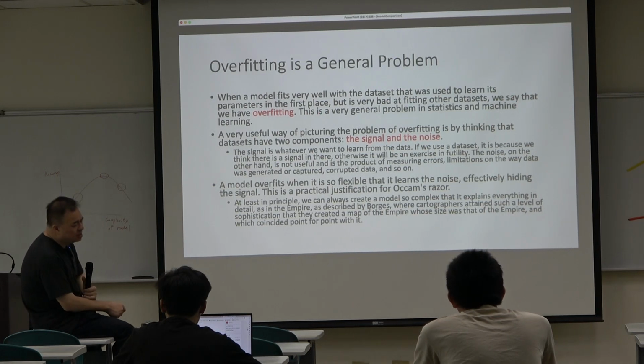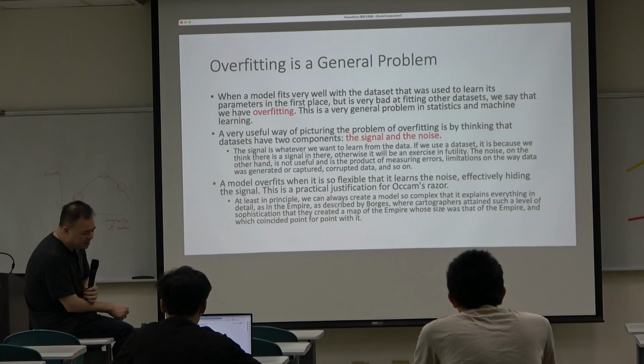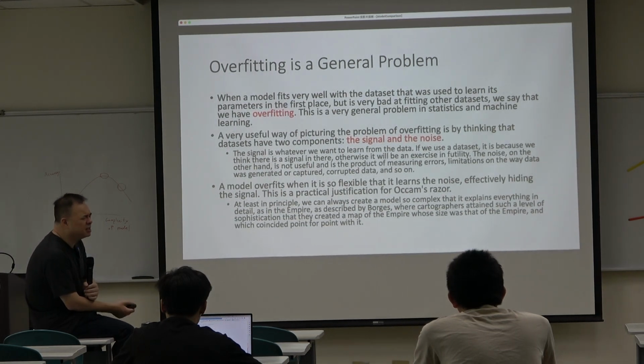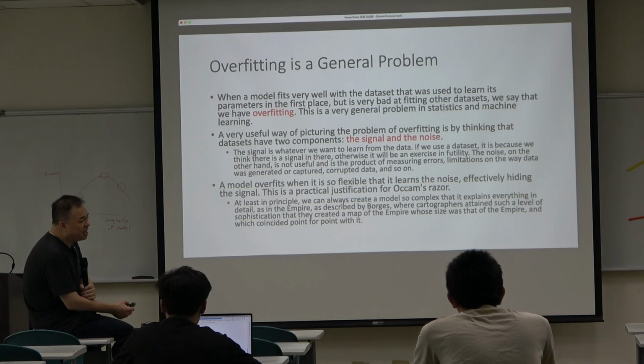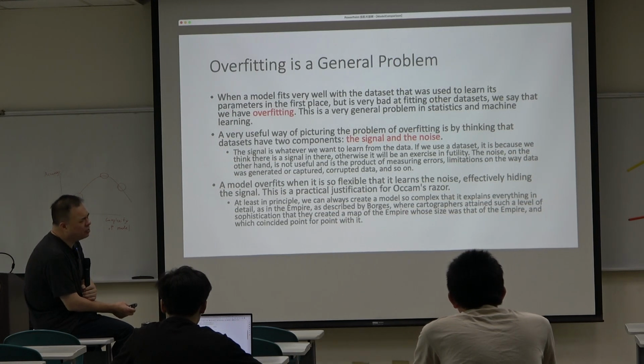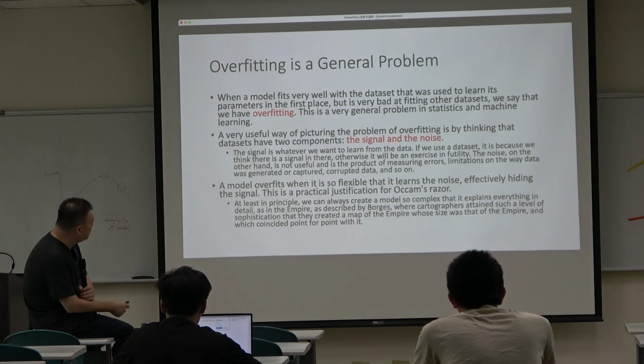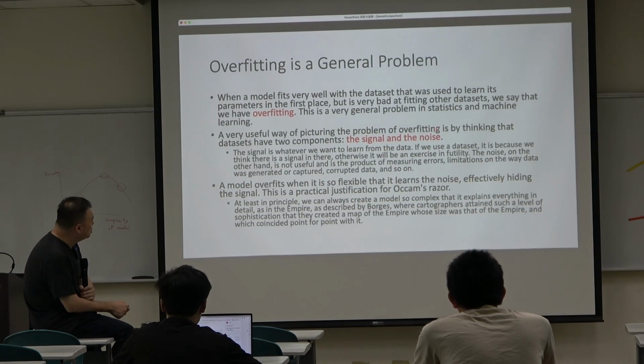This is the phenomenon that the model performs well in the training data set, meaning the error is small in the training data, but is large in the test data or in the future unobserved data. We call such a phenomenon overfitting. This is a very general problem in statistics and machine learning.